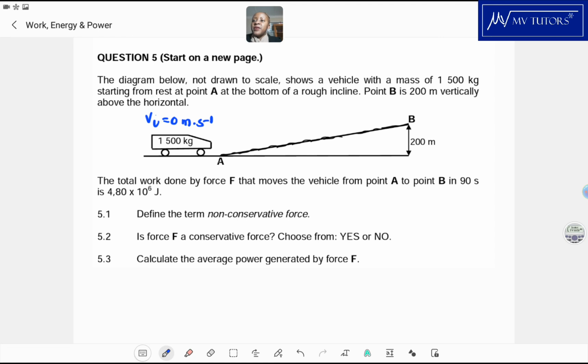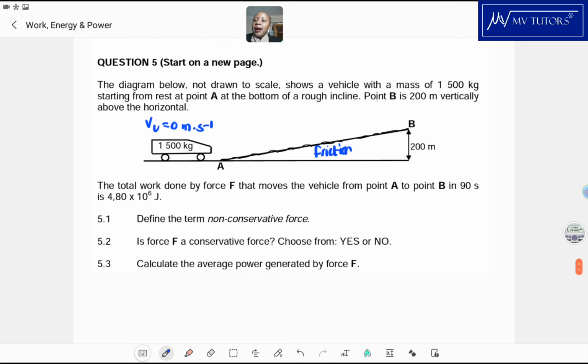It starts from rest at point A at the bottom of a rough incline. So rough incline, we know there must be friction force. Point B is 200 meters vertically above the horizontal.